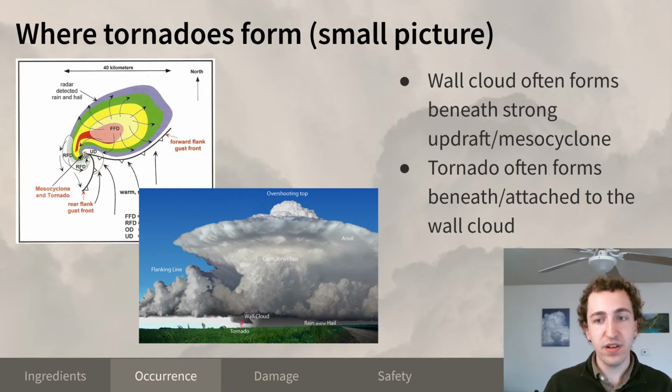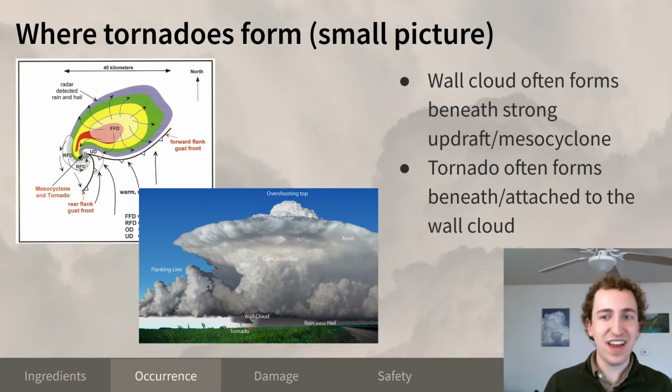Underneath that wall cloud is where there's enough rotation and the combination of the updraft and downdraft interactions are intense enough to form that rapidly rotating column of air that is a tornado. So in this classic supercell picture you will most often see a wall cloud right underneath the updraft, right by where the main downdraft area is, and then a tornado would form off of that wall cloud.